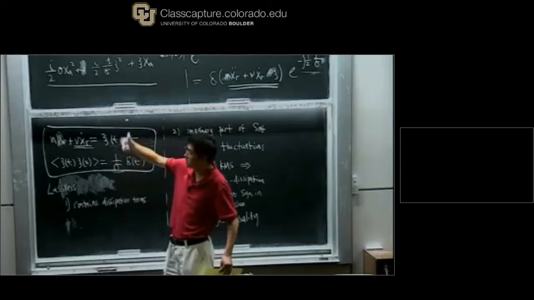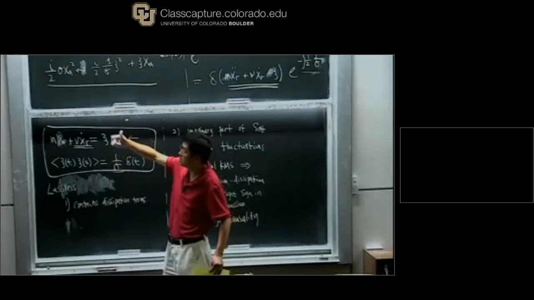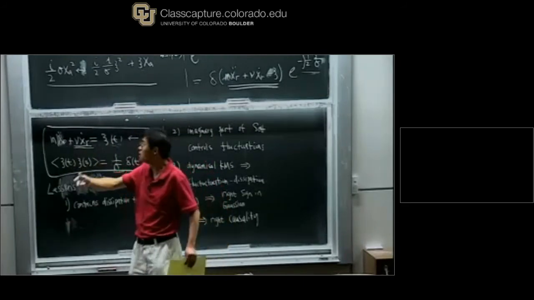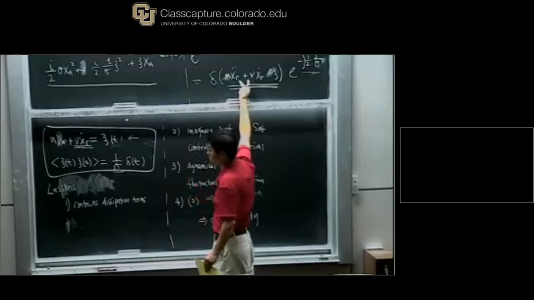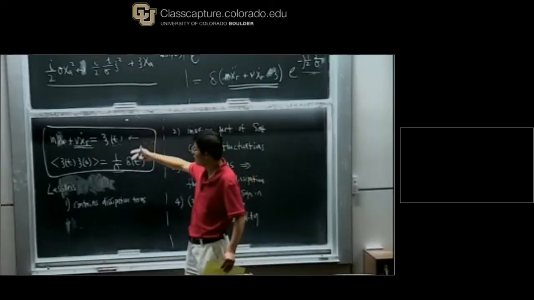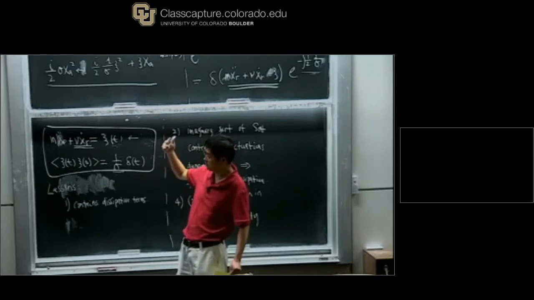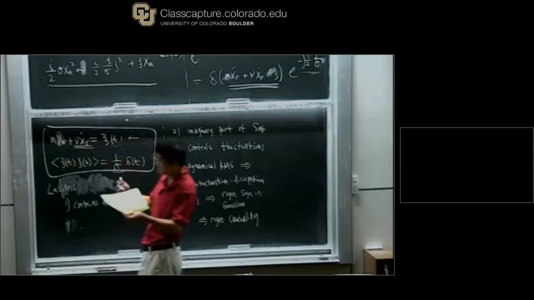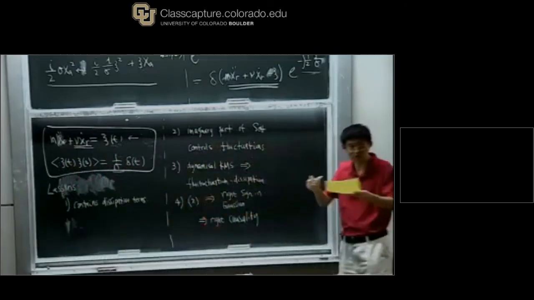But if you have a cubic theory, such a higher nonlinear theory, then X_R itself will also have non-trivial fluctuations. Then it won't be a delta function. So generally this physical variable has two types of fluctuations.